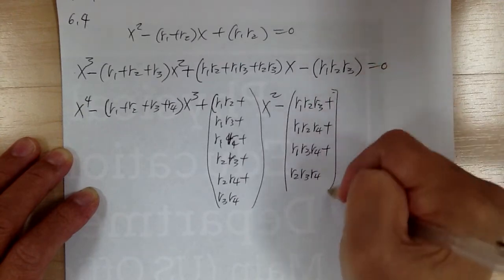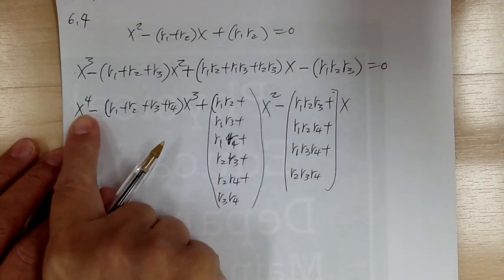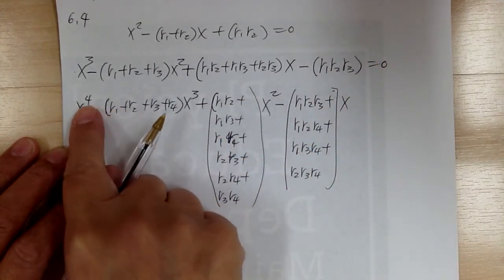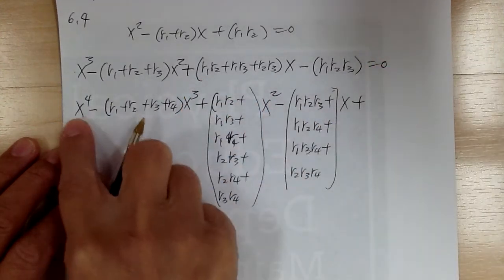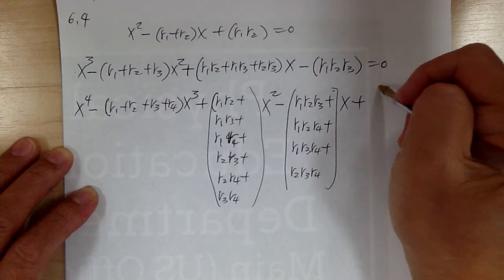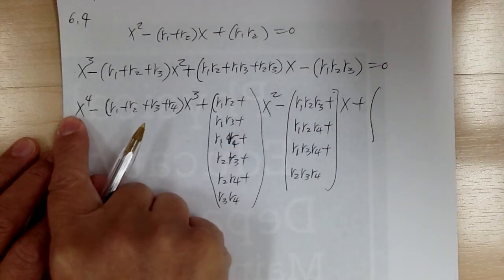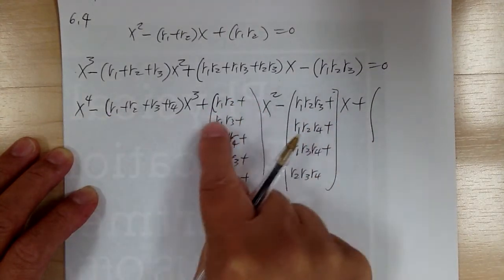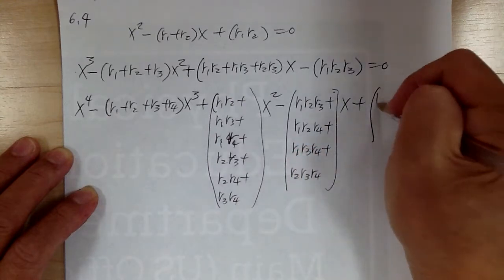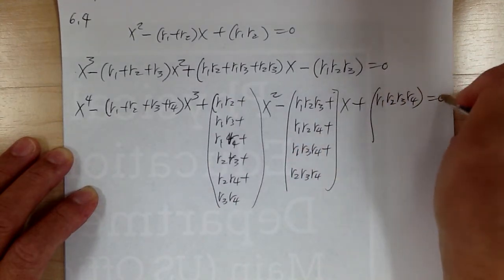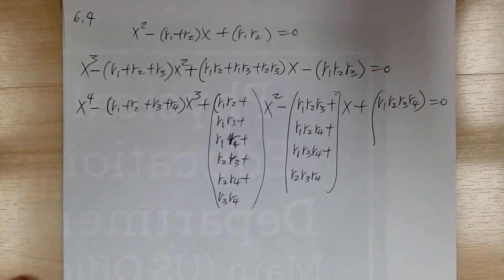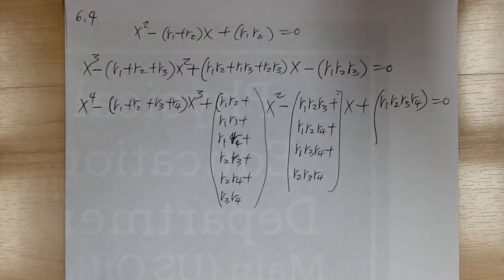All this will go down in order: x to the 4, x to the 3, x to the 2, x to the 1, and it's plus, minus, plus, minus, plus. This is taking none at a time, one, two, three at a time. Now we're going to take 4 at a time, and that's it. Once you know the pattern, it's very easy to remember.